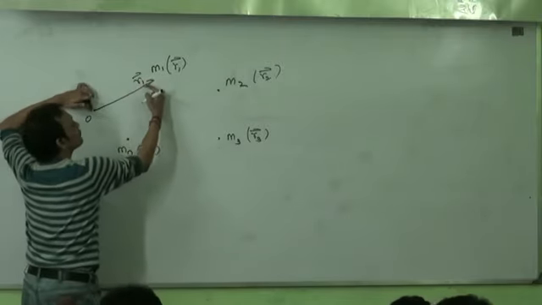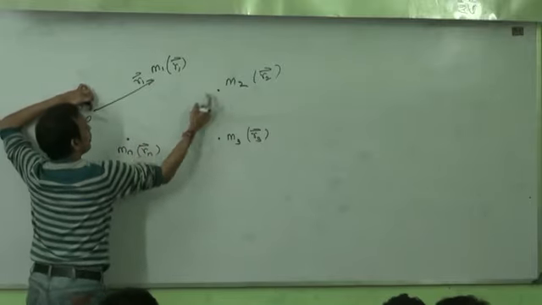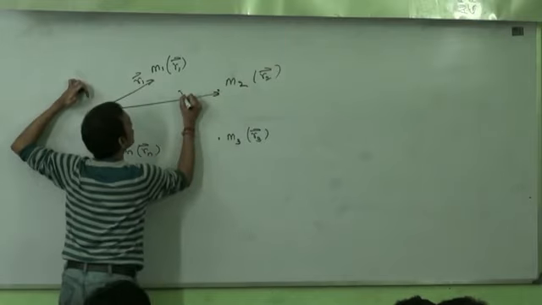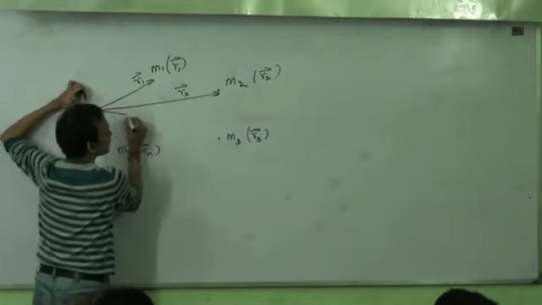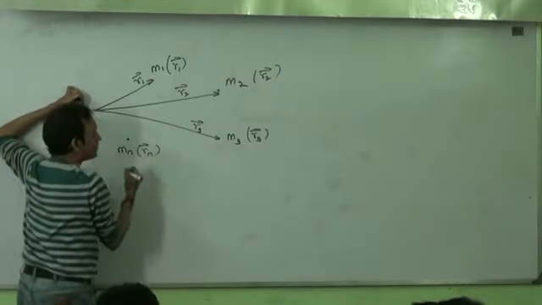Then m1 r1 would mean what? The moment of m1 about the origin. M2 r2 would mean what? The moment of m2 about the origin O, right? This is r2, this is r3, and so on and so forth, right?